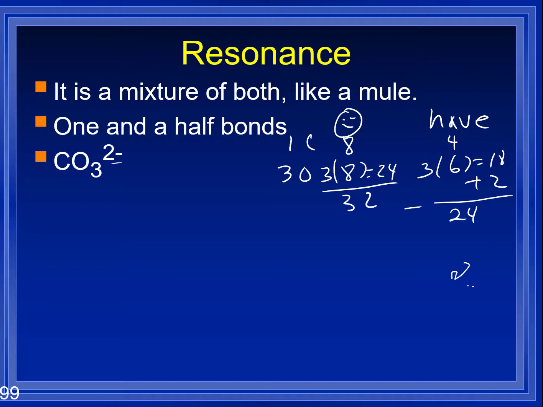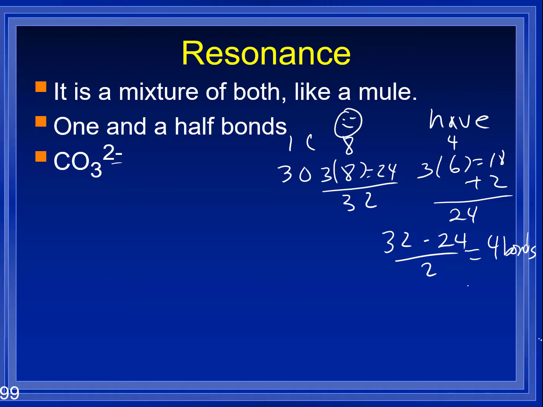And 32 minus 24 is 8, divided by 2, which is 4 bonds. Everybody okay? 4 bonds, 4 atoms.